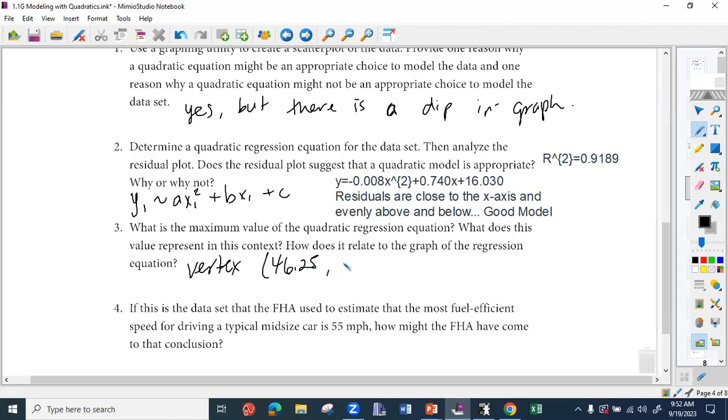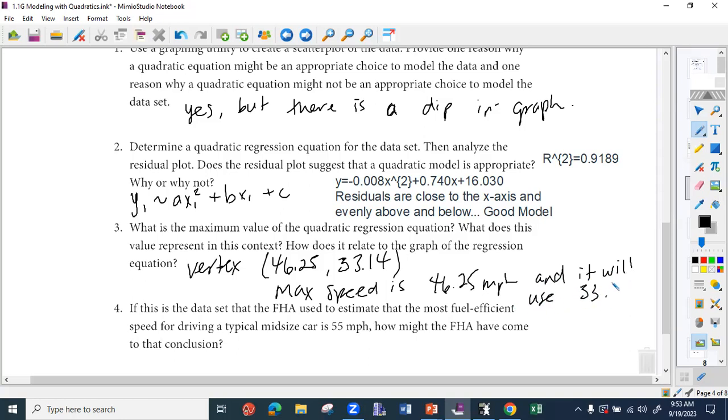And what was the Y value? 33 and, well, so in regards to this problem, that means that your max speed is 46 and a quarter miles per hour, and it will use 33 and 14 hundredths miles per gallon.